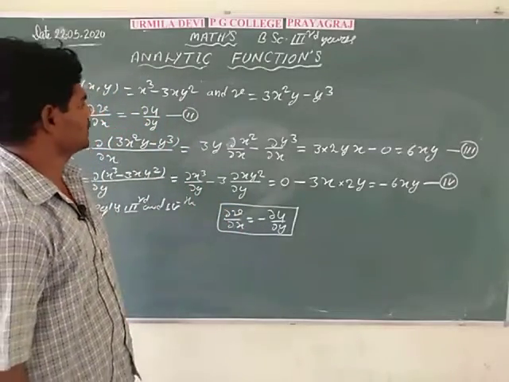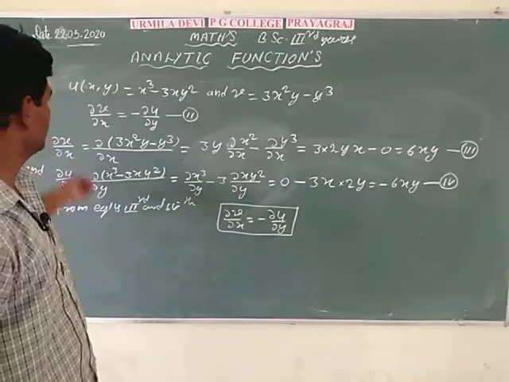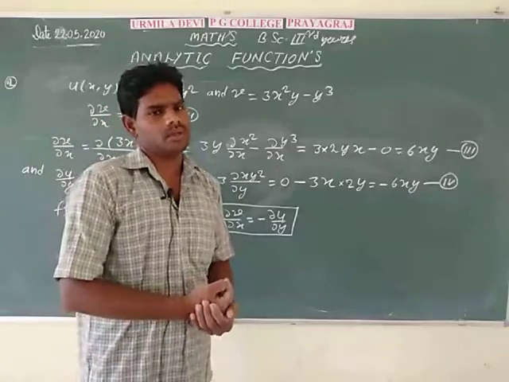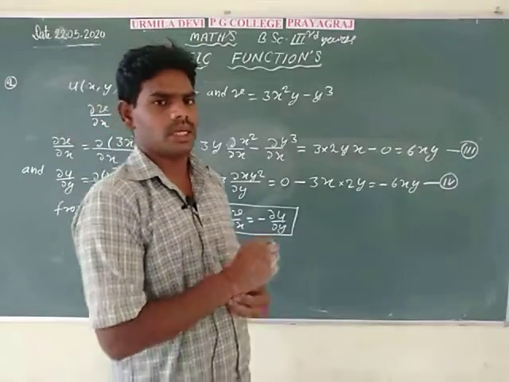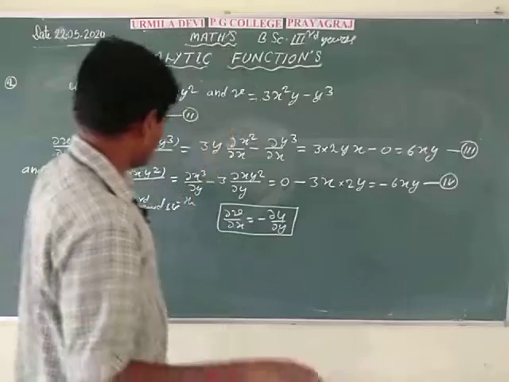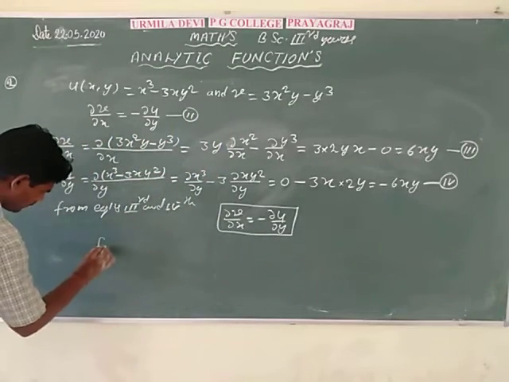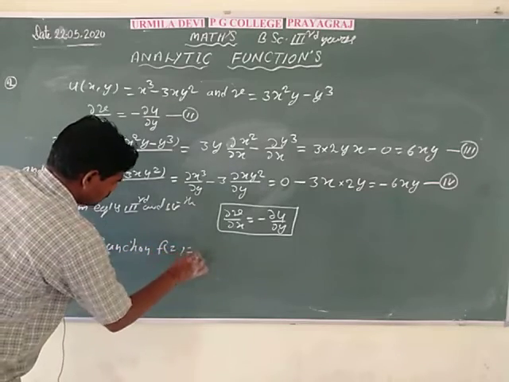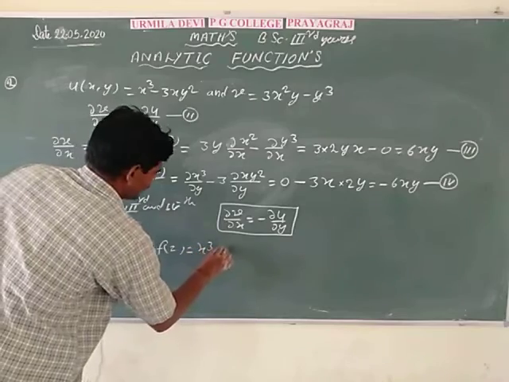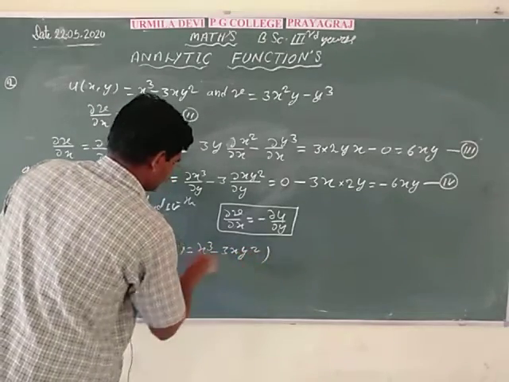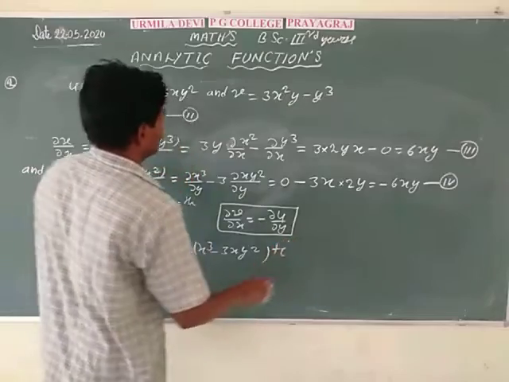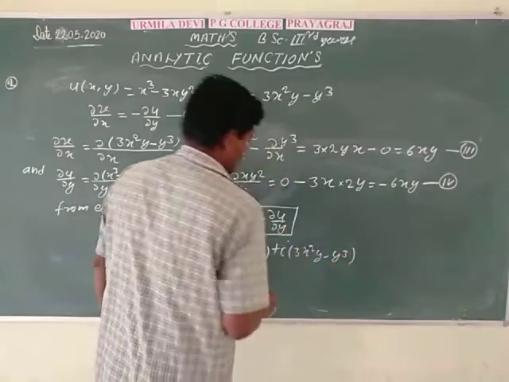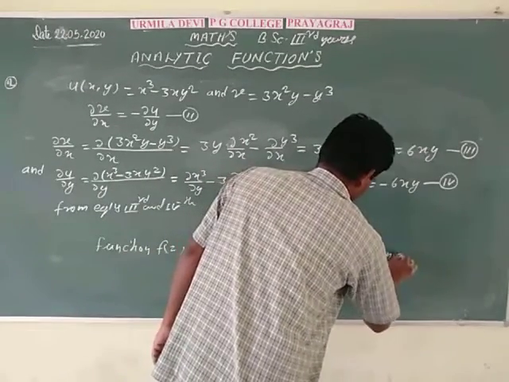So in this example, the given function f(z) satisfies the CR equations, therefore you can call the function f(z) an analytic function. So here write the answer: the function f(z) is equal to x cube minus 3xy square plus i times 3x square y minus y cube is an analytic function.